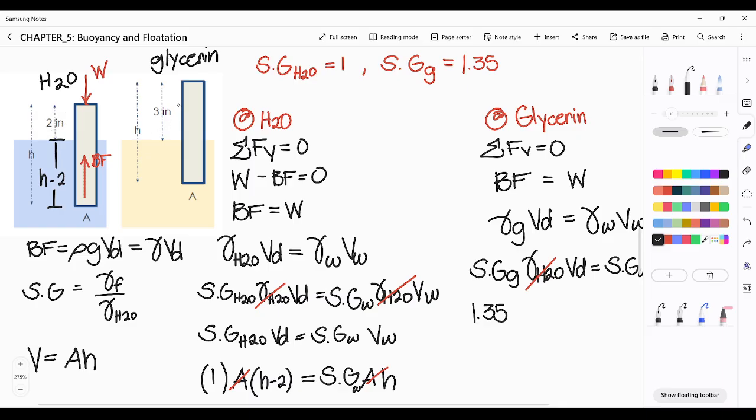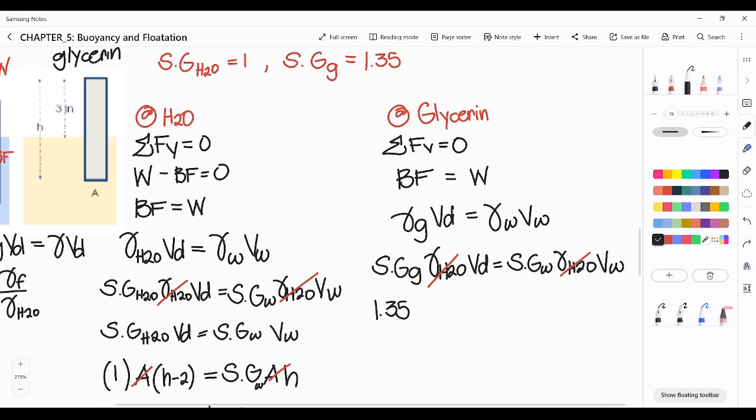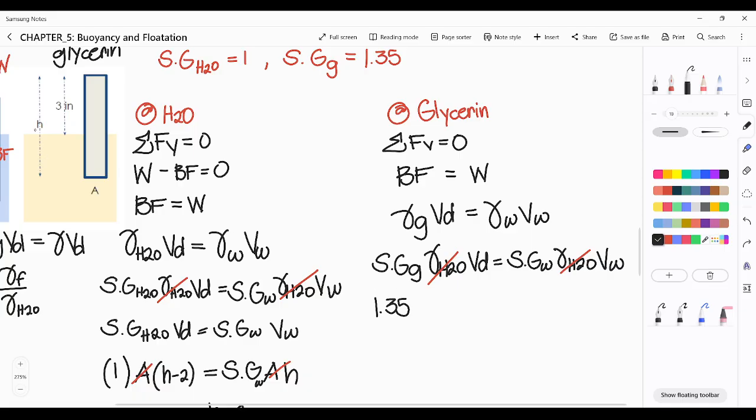Nung nilagay natin siya sa glycerine, the projected height of the block is 3 inches from the glycerine surface. Yeah, tumaas siya. And we need this height, this part, the draft, when it's submerged in glycerine. So it's simply H minus 3. Yung taas na yan.